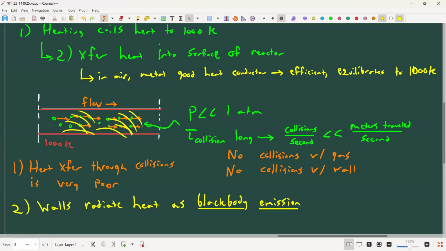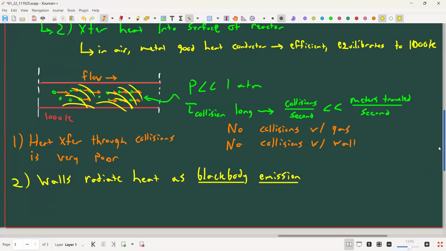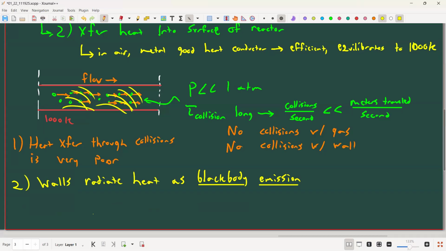But this is true for anything. Anything emits. But it turns out, as we'll learn next semester, that at 1000 Kelvin, the maximum wavelength of the radiation that gets emitted, right?